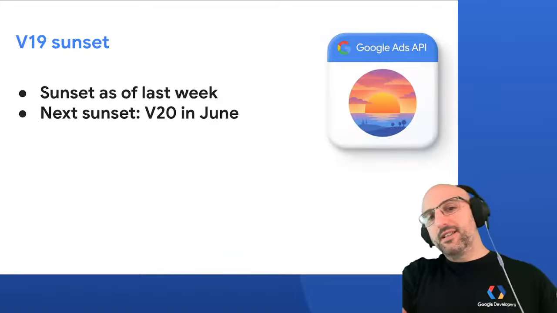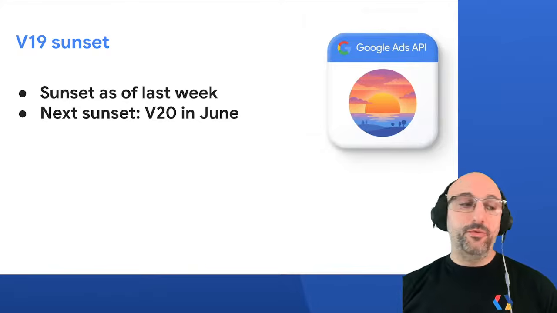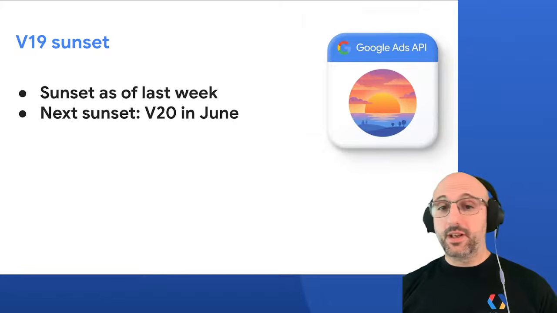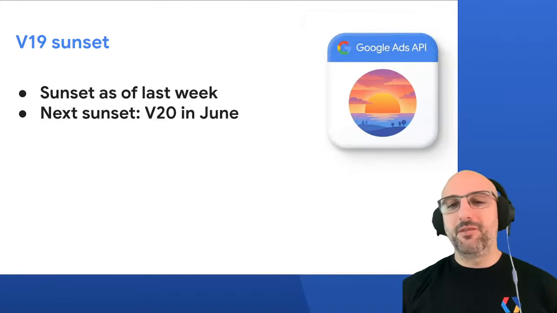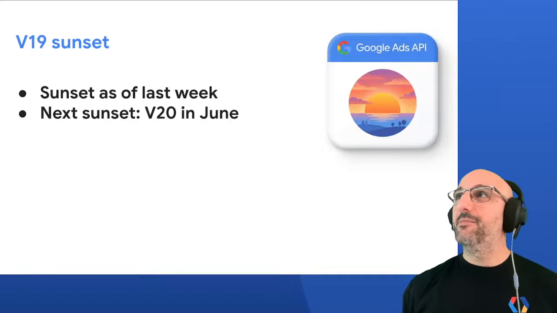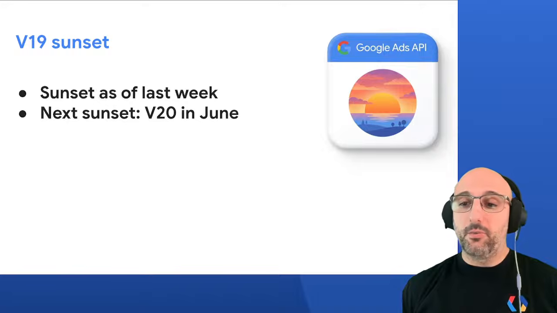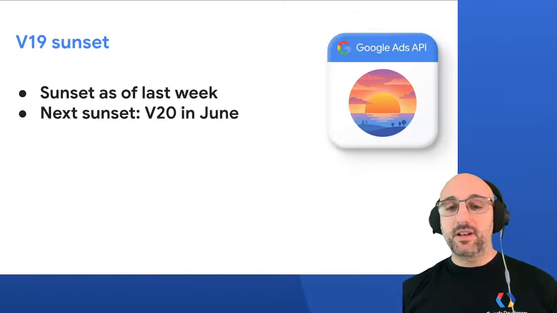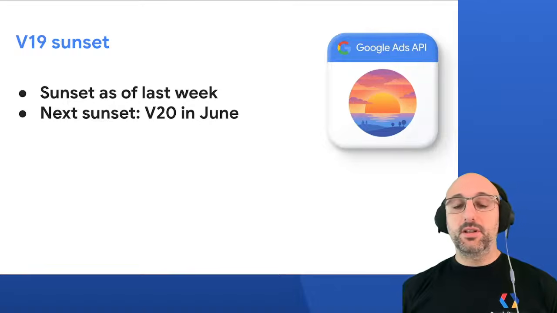Speaking of sunsets, we just had one last week, which was V19, which came out last year, and as expected was sunset last week. I am positive you know about this sunset already, because if you were using V19, you are not able to do that anymore because the requests to it are failing. The next one is going to be V20, which is going to be sunset in June.